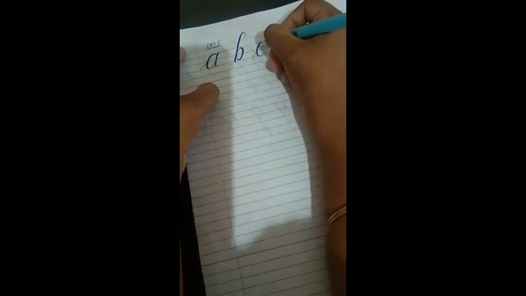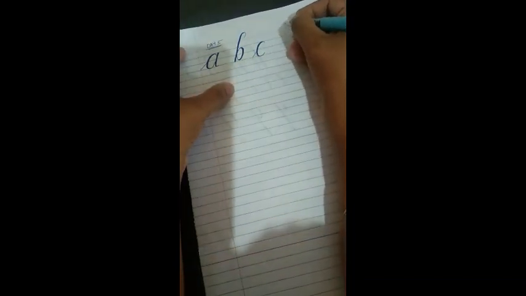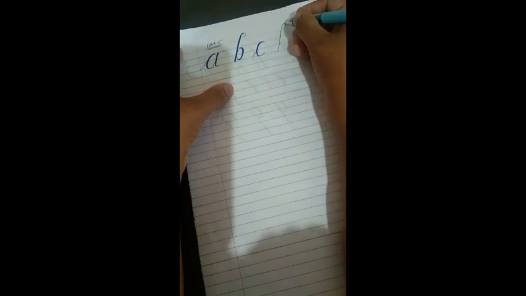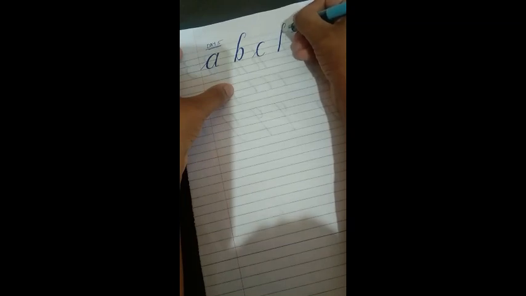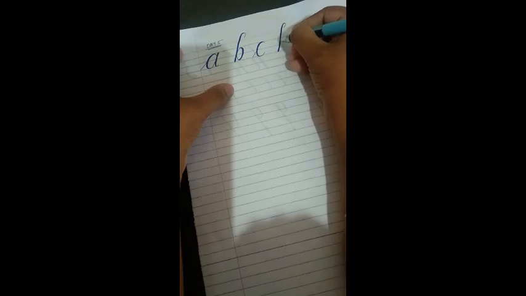And then D, again D, a slanting stroke. You need to color that up. And an oval over here and double it.